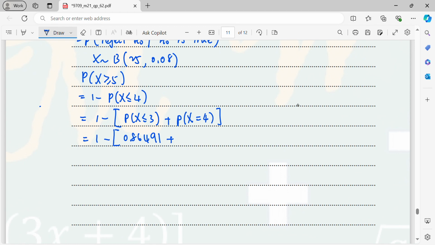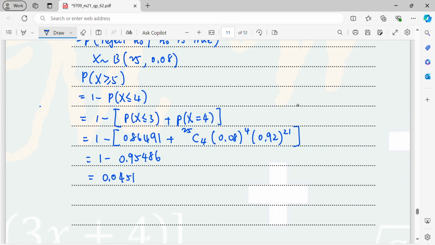When X equals 4, it will be 25C4, again with p equal to 0.08 for 4 successes, and the failures will be 21. So here it is going to be 1 minus the total of these two values, which is 0.95486. When I subtract this from 1, that is going to be 0.0451.